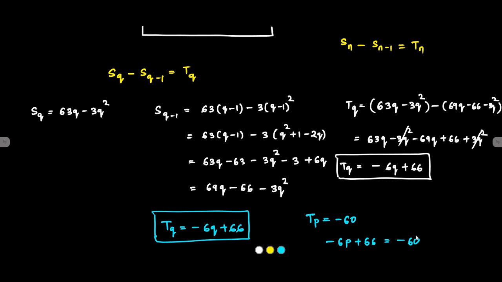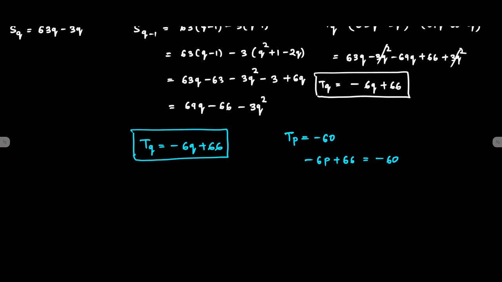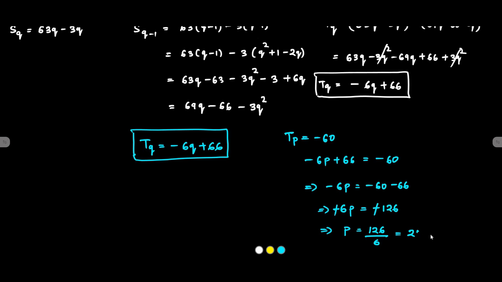That implies minus 6p is equal to minus 60 minus 66, that implies minus 6p is equal to minus 126. Minus minus gets cancelled, so p is equal to 126 by 6, which is equal to how much? 21. The value of p was asked, so p is equal to 21.